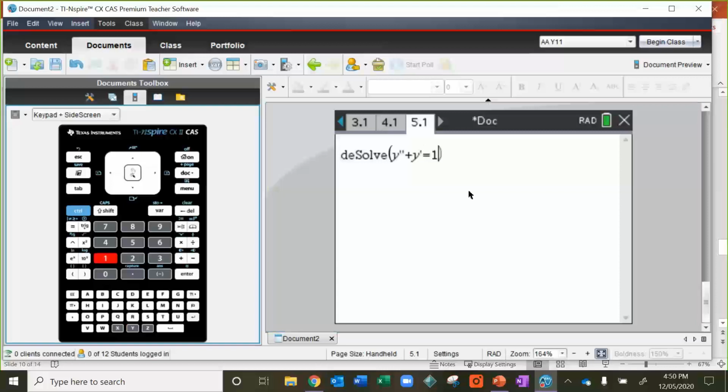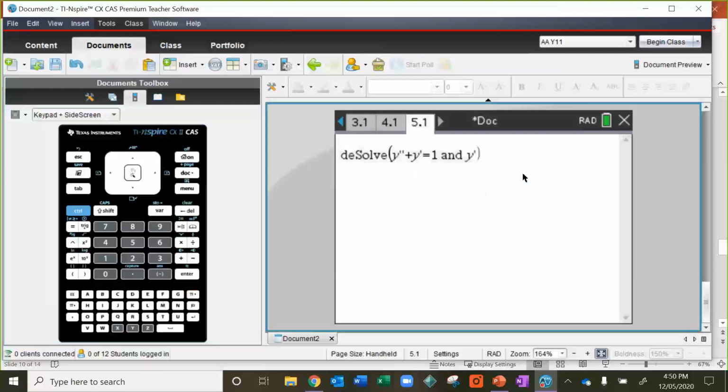So this is our differential equation. Now we put space and we say "and", we put space again, and we put the first condition. We know that y dash at 0 is equal to 3.